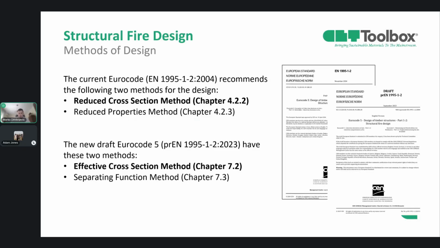Compared to the new draft Eurocode, we have the effective cross-section method, which is equivalent to the reduced cross-section method in the current Eurocode, and the separating function method. In CLT Toolbox, we followed design methods for load-bearing capacity following the general principles for the reduced cross-section method, or the effective cross-section method in the new Eurocode, where the original cross-section is reduced by the effective charring depth.